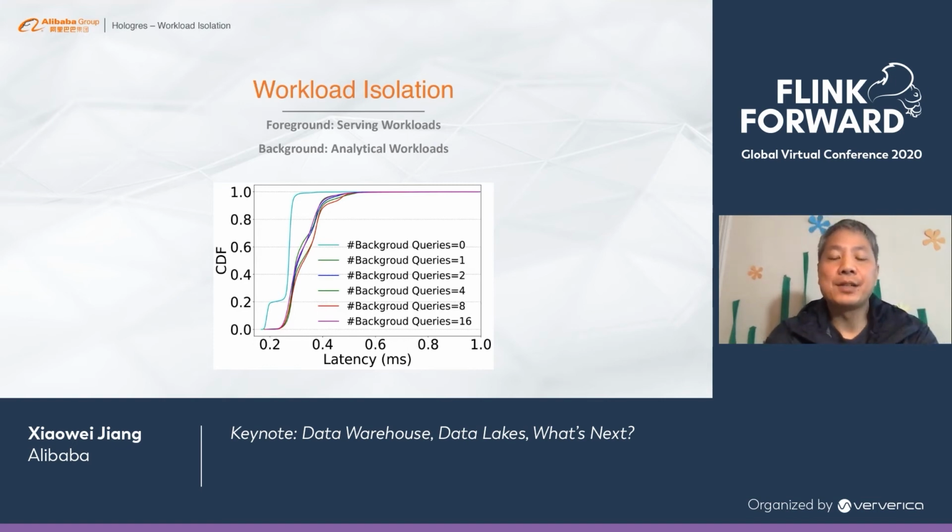As I just mentioned, workload isolation is a critical requirement for an HSAP system. We want to make sure the big complex analytic queries do not have adverse impact on the serving queries, which are performance and latency sensitive. So in this experiment, we have a foreground connection which continuously submits serving queries or point lookup queries.